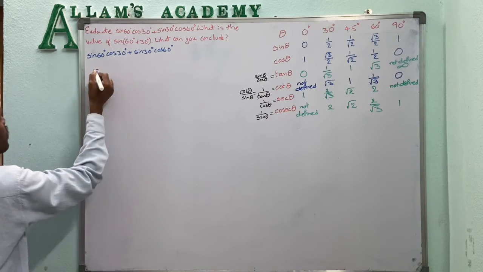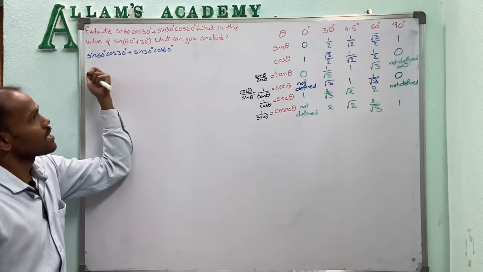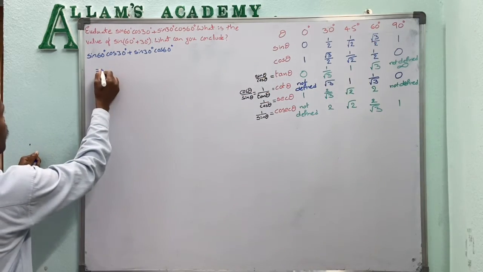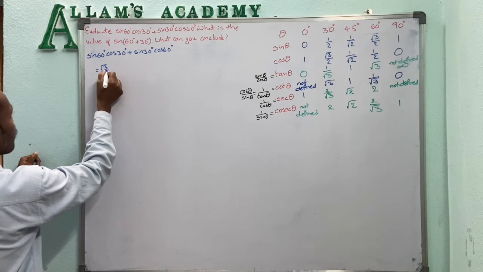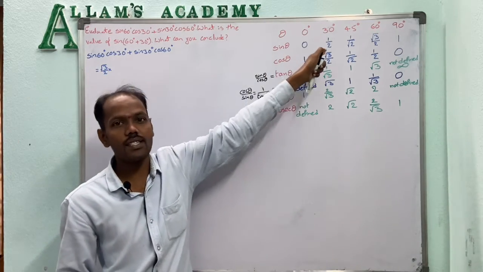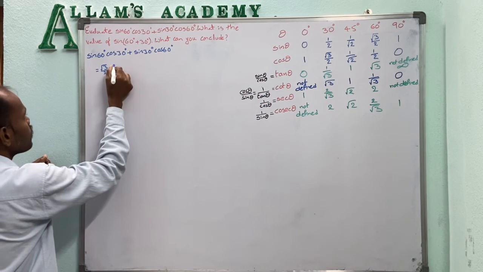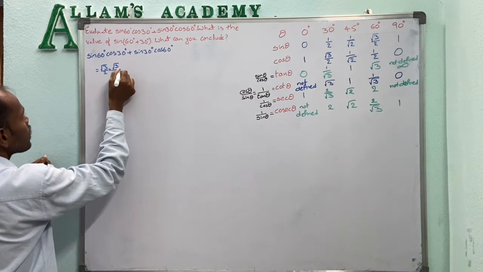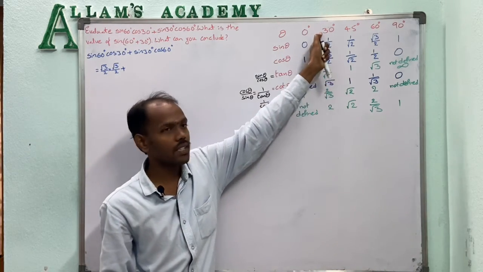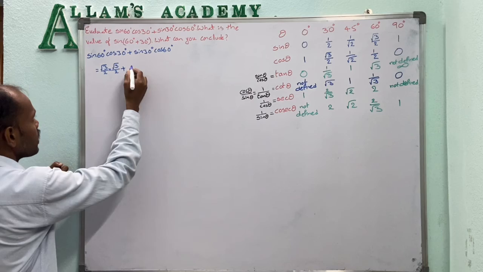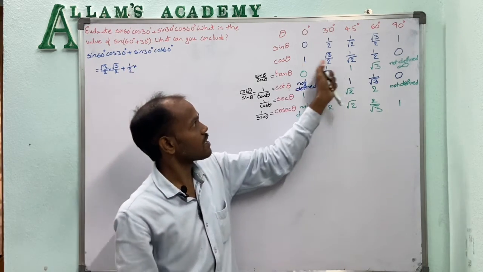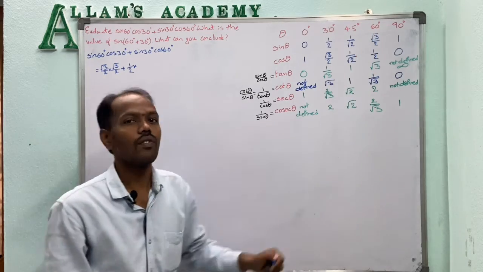Substituting these values from the table, sin 60 equals root 3 by 2, cos 30 is also root 3 by 2, plus sin 30 degrees equals 1 by 2. Next, cos 60 degrees is also 1 by 2.